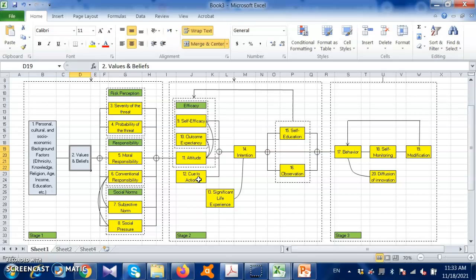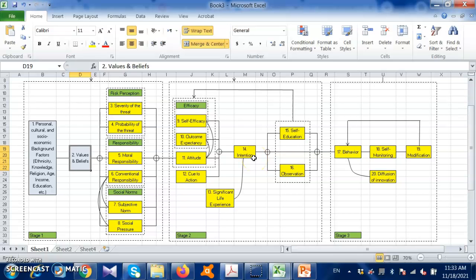That leads to intention, and also significant life experience, like knowing a family member who survived a hurricane, or you personally being severely affected by a hurricane before. That can lead to intention immediately, and you can skip all of the things we talked about before. So significant life experience can lead to immediate intention.